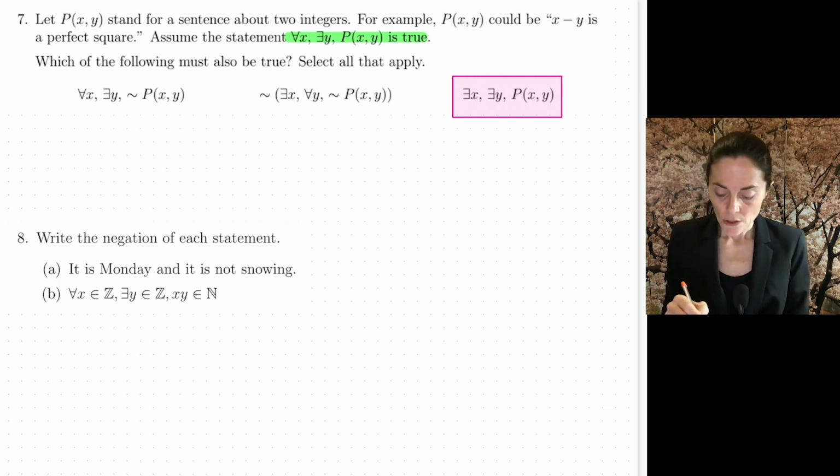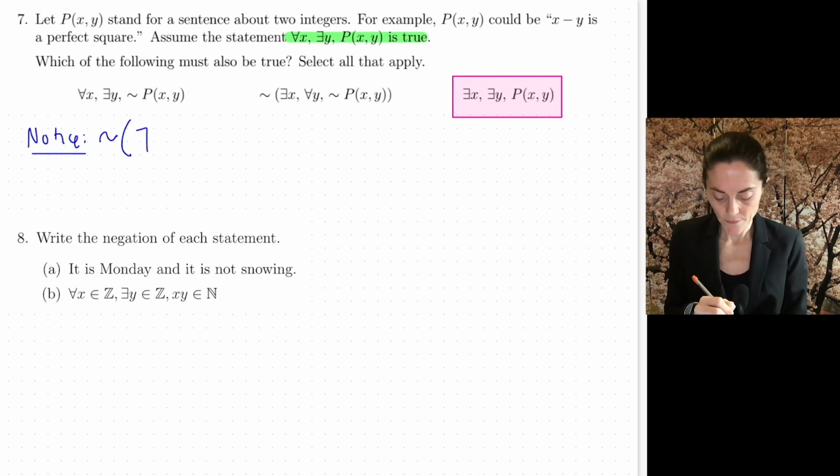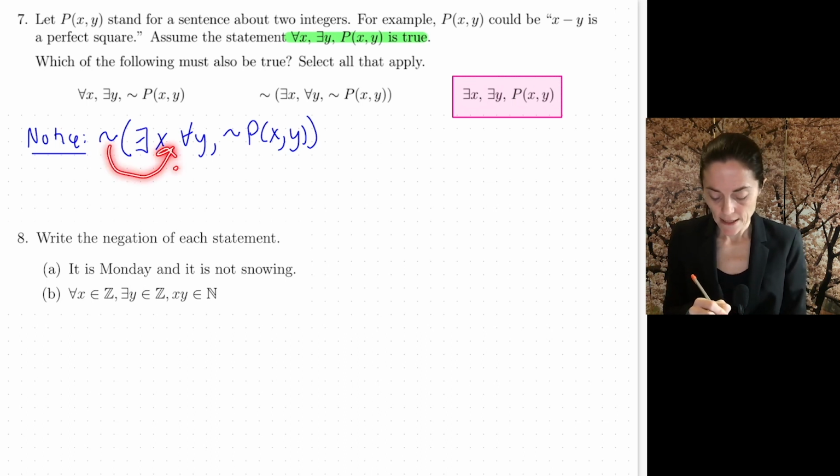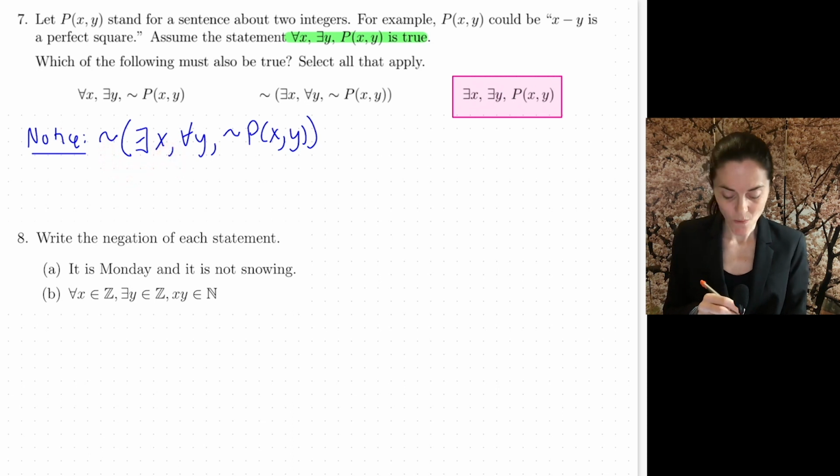But let's talk about this middle one. This statement, there exists x for all y, not P of xy. Well, how do you negate quantifiers? Well, as we move a negation inside, it switches the quantifier.